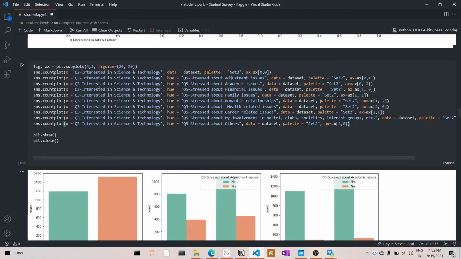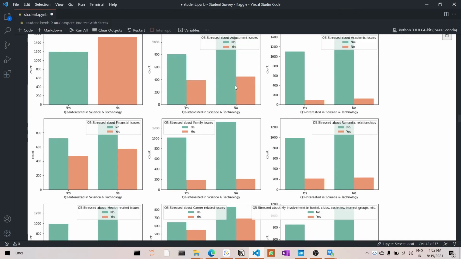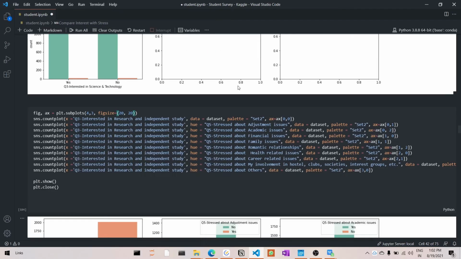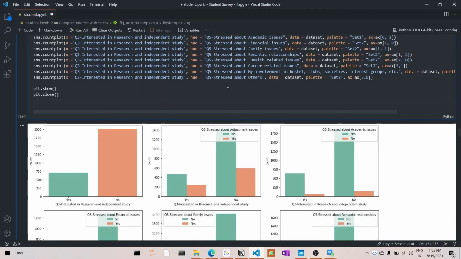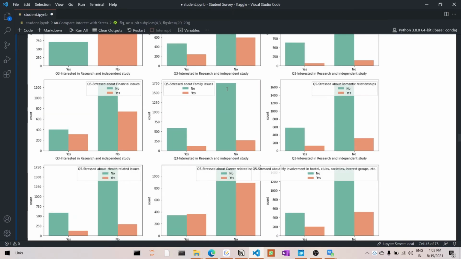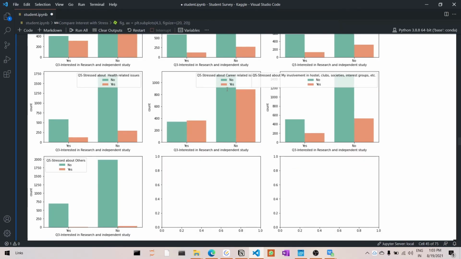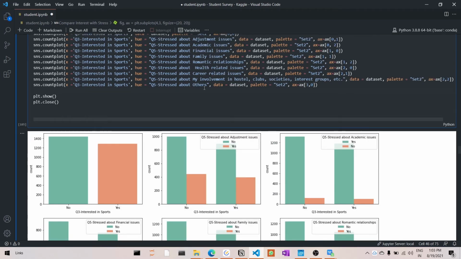Then we can also see the interest in science and technology and stress count. In a similar way, interested in research and independent study and stress count. Then the next, interest in sport and various stress count.